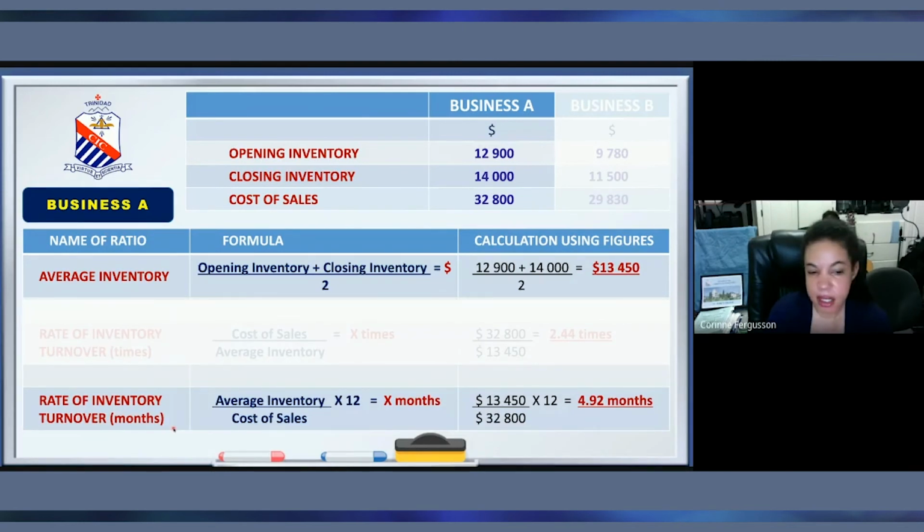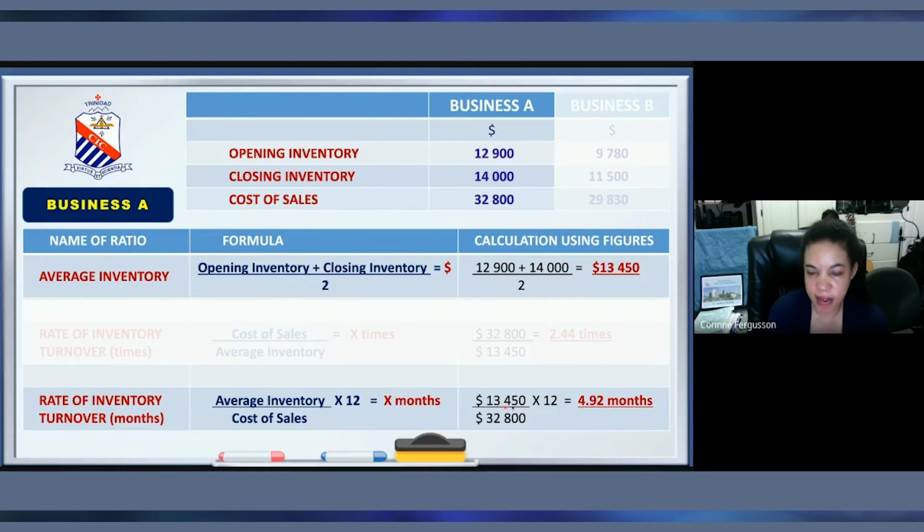If, however, they ask for it to be expressed in terms of months, you flip the formula from above, and you would have average inventory over cost of sales multiplied by 12. And the answer we got was 4.92 or 4.9, and you have months.